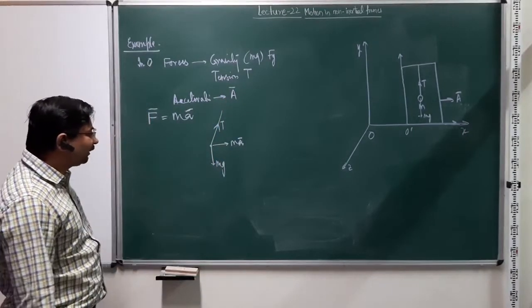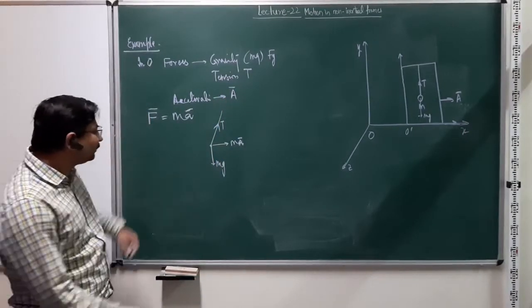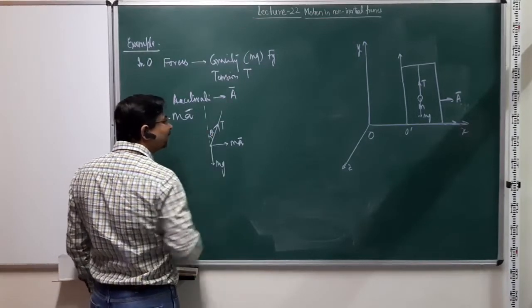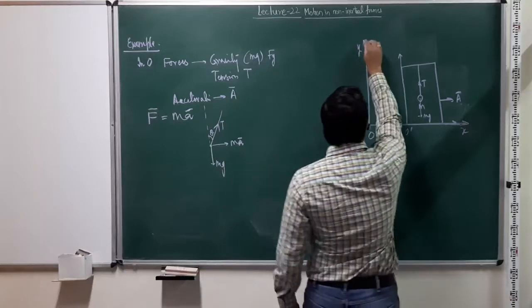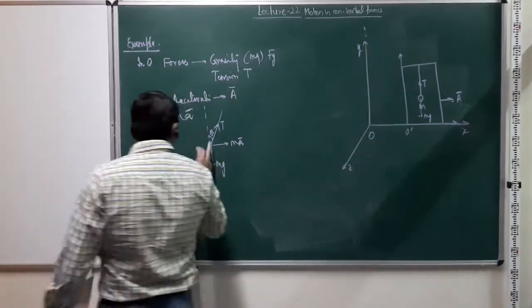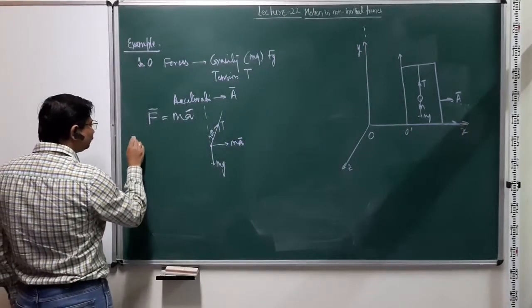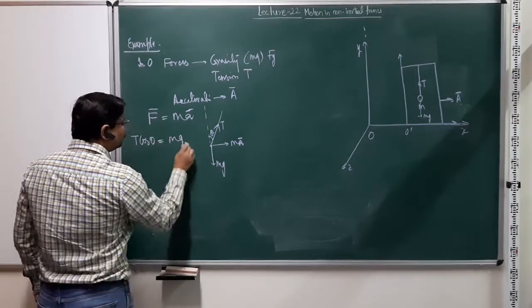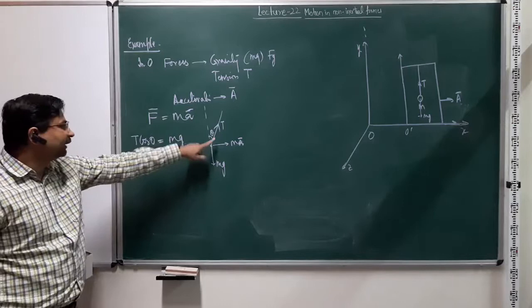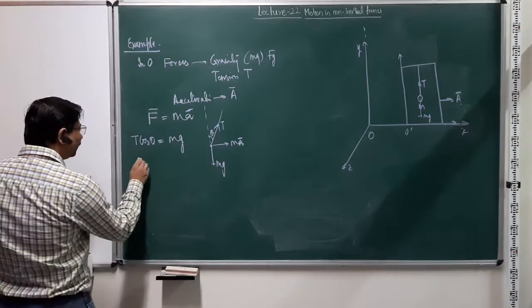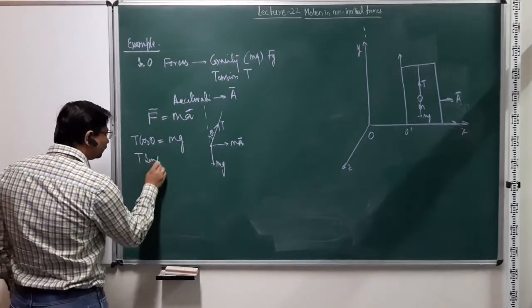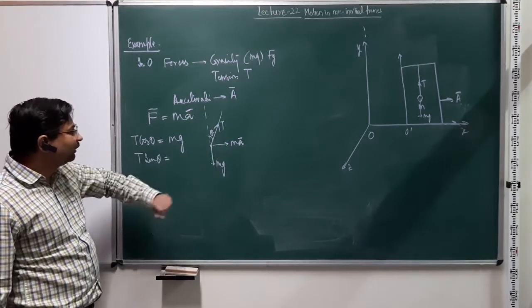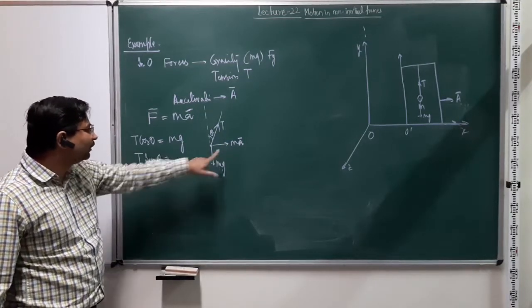So this is my vector diagram for this, and if I say that this angle is theta with respect to vertical, then I can write down T cos theta, the vertical component of this tension, will be balanced by this mg. And for the horizontal component, there is no other physical force to compensate for it.